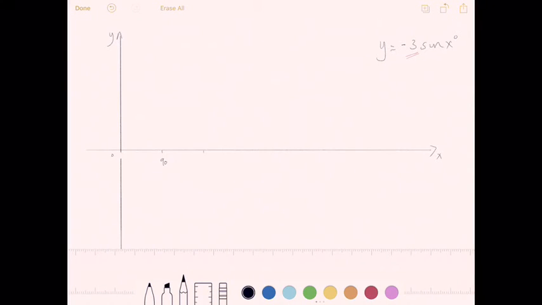So again, take the time to mark your key points on your x and y axis. Again, don't sketch the graph straight away. Mark all points, (0, 0), (90, -3), (180, 0), (270, 3), (360, 0), and connect the dots.